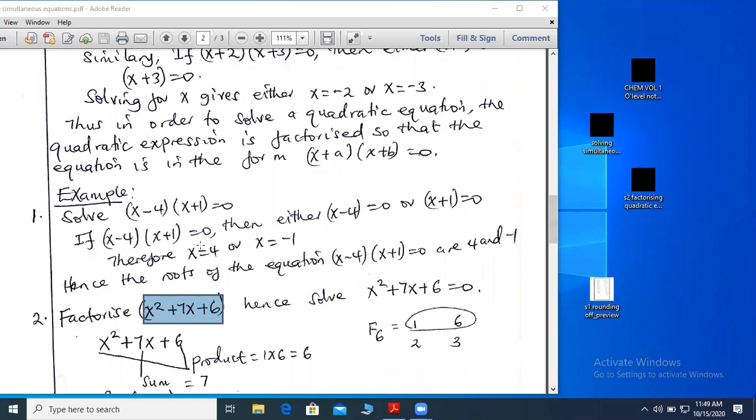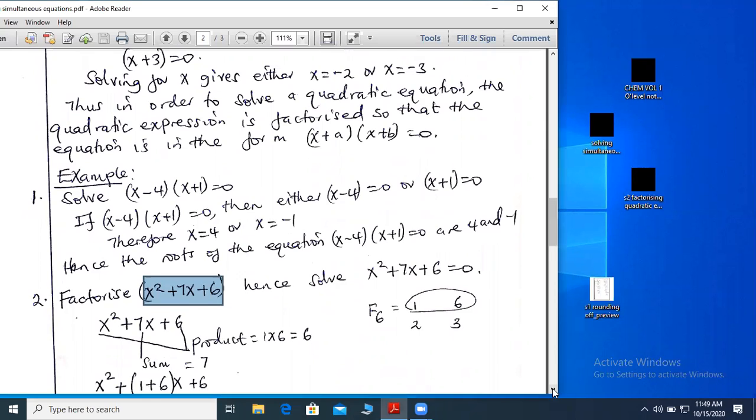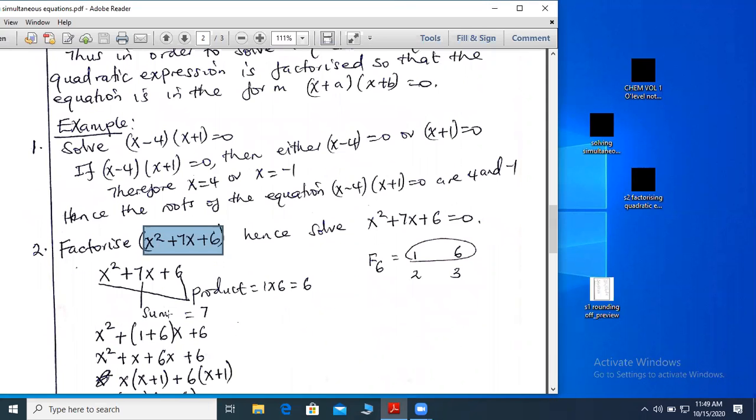No, we are not putting equal to 0 yet. The question is factorize. So we should first factorize. Then when we are solving, that's when we shall equate to 0. You get the point, yeah? Yes, teacher.